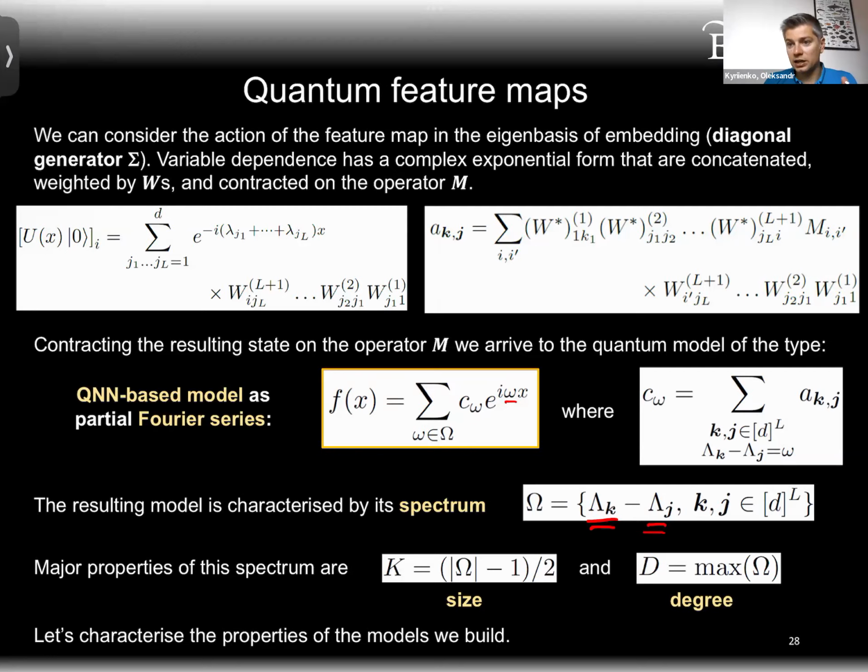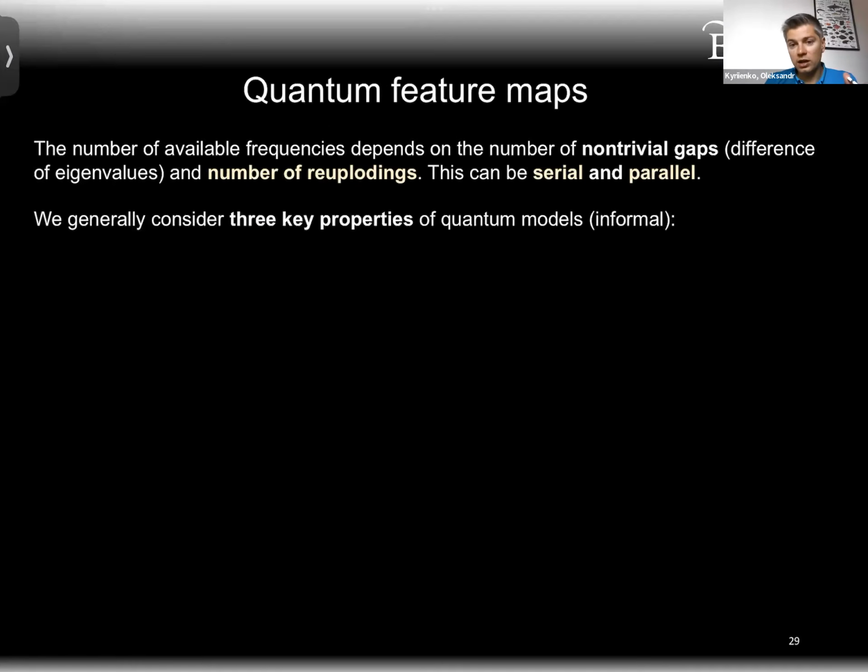And with this size and degree of the spectrum, we come to the key properties of quantum models as we build them. So we design feature maps based on different numbers of reuploadings, applying operations in parallel, so on each individual qubit, or in series, or maybe we can interleave both, and it's basically up to your imagination how you can build this model.